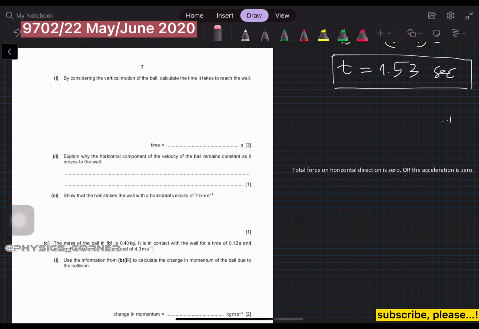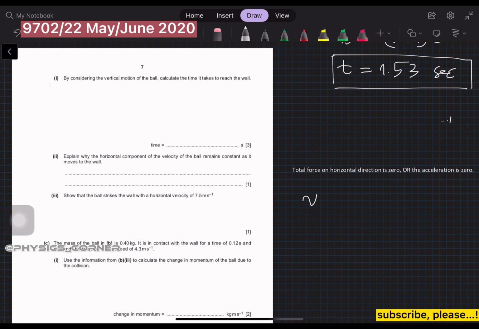Okay, we go back to the next question, question I. The ball strikes the wall with horizontal velocity. We only use the Vx here.